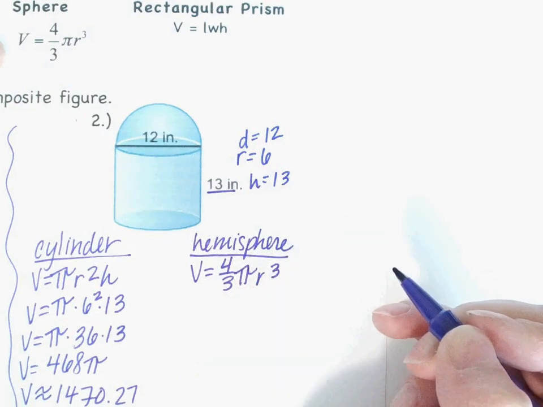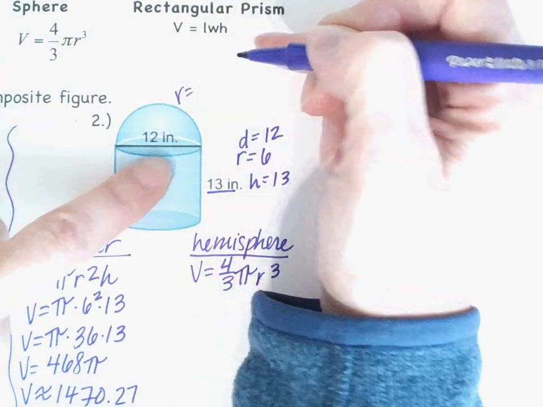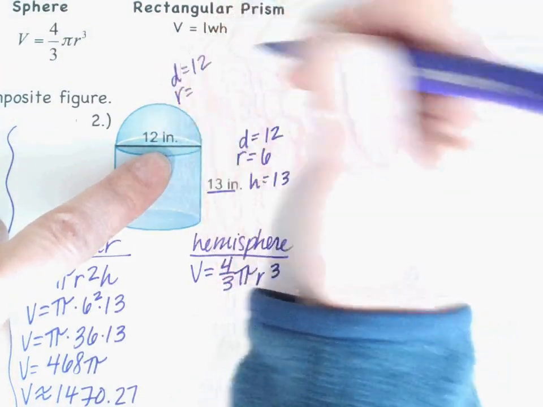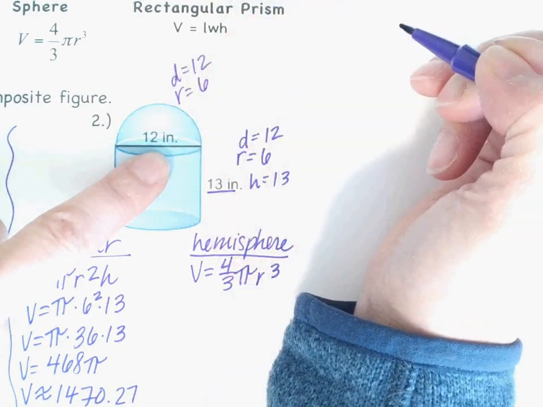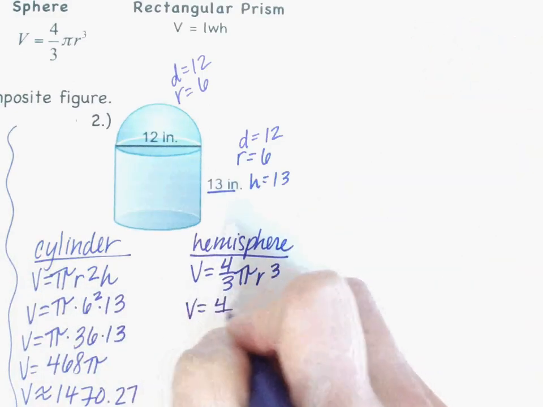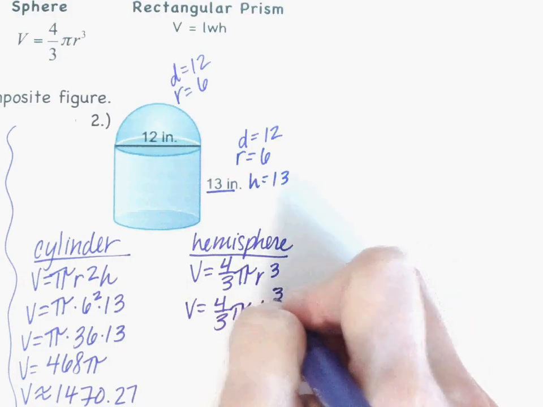The next thing I need to do is find the radius. So remember that the diameter is given to me. The diameter is 12. The radius is half of that, which is 6. So I'm going to be using 6 in place of r. So let's recopy. So I have 4/3 pi times 6 cubed.